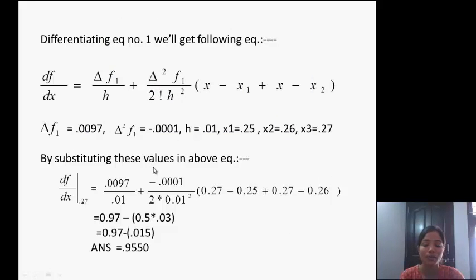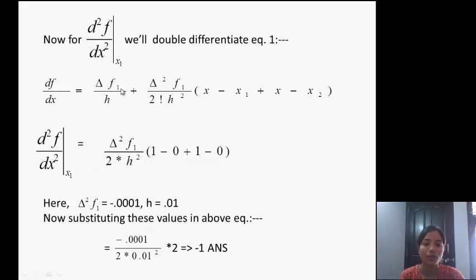By substituting these values in the above equation, we have our answer 0.9550 for df/dx at x3, that is at 0.27.